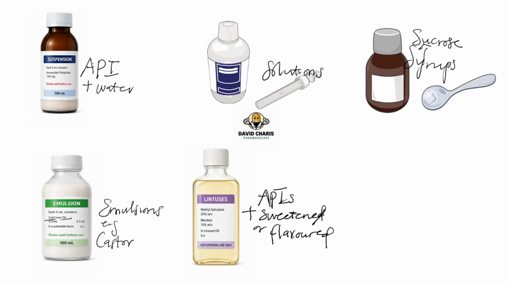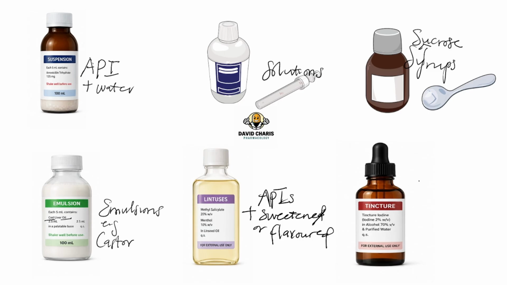And the next liquid preparation we are going to be looking at that are taken orally in their dosage forms is the tincture. So here we have a tincture. A tincture basically is an API in very low concentration that is being dissolved in either alcohol or hydrochloric acid.